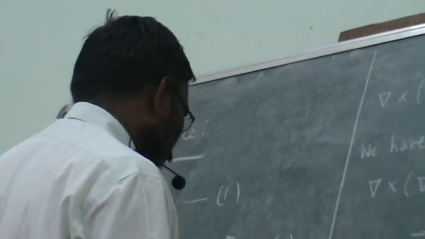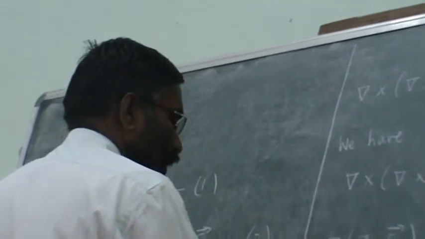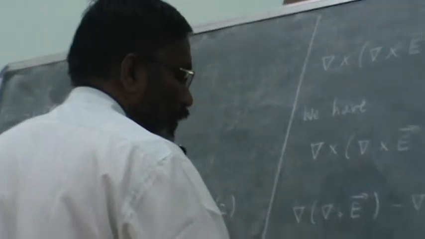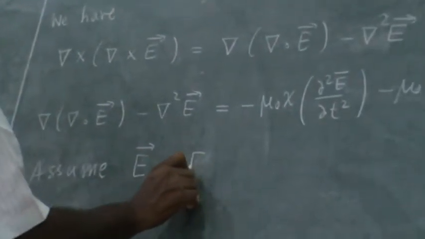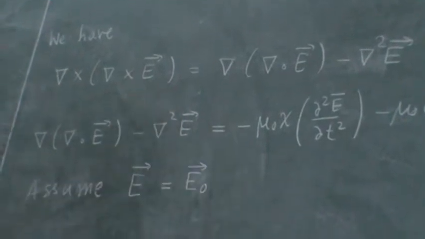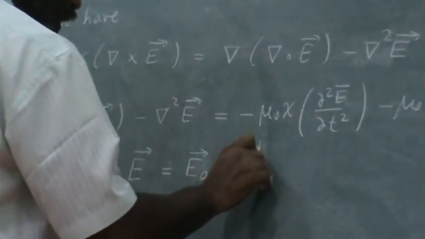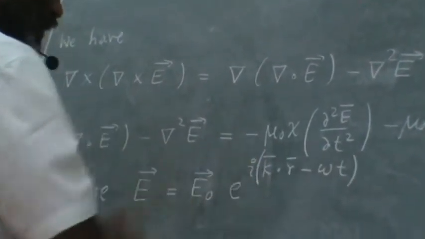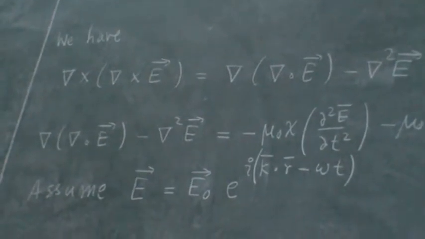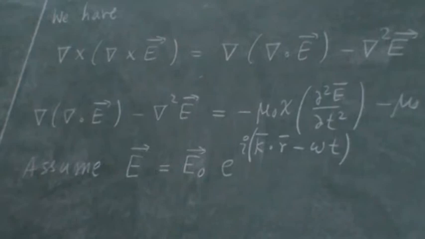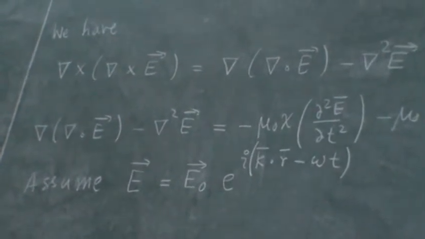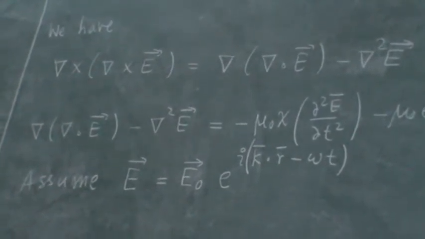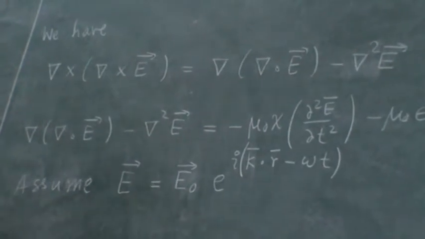Now let us try to understand if we have a plane wave, that means if the electric field is equal to some E0 vector into e to the power i(k dot r minus omega t). Then I can substitute this electric field in this equation, and every del operating on this will give me a k, and every dou by dou t operating on this will give me an omega.